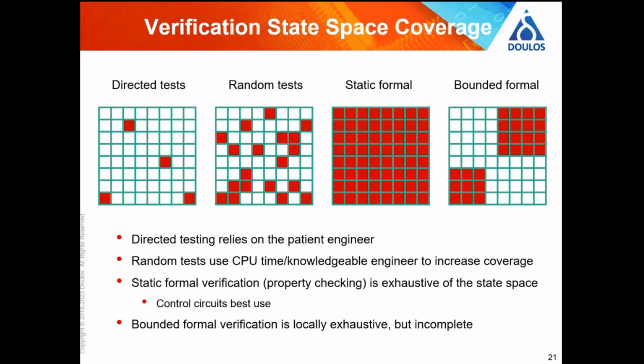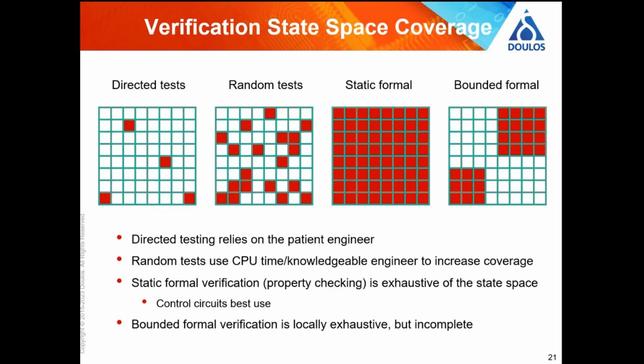So here's a diagram of what's called state space. And this is like an introduction to the idea of formal. And the reason for showing it is that the state space is all the different combinations of 1s and 0s that the flip-flops in your design can have over time. And it's suggesting that random tests are better than directed tests, because you cover more of the possibilities, more of the so-called state space.